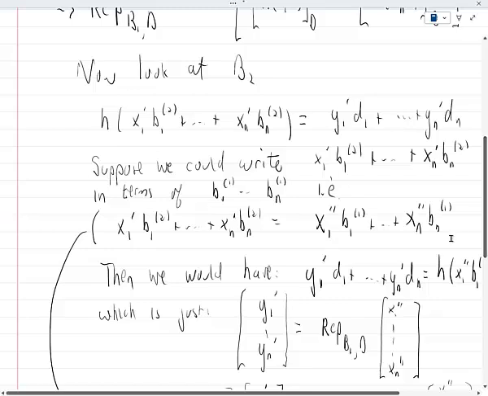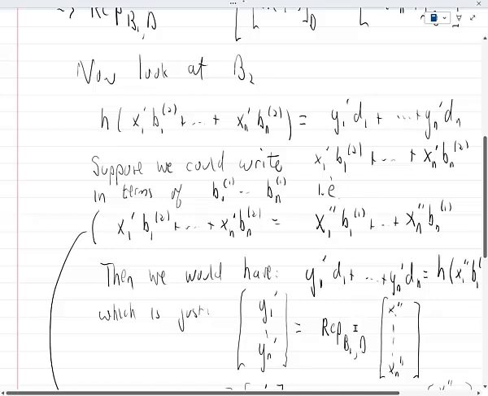I can translate this into the map H simply by using my previous map. I know that when I apply H to this vector here, that's going to give me coefficients y1 prime through yn prime in terms of basis vector D, and they're related by the representation map.